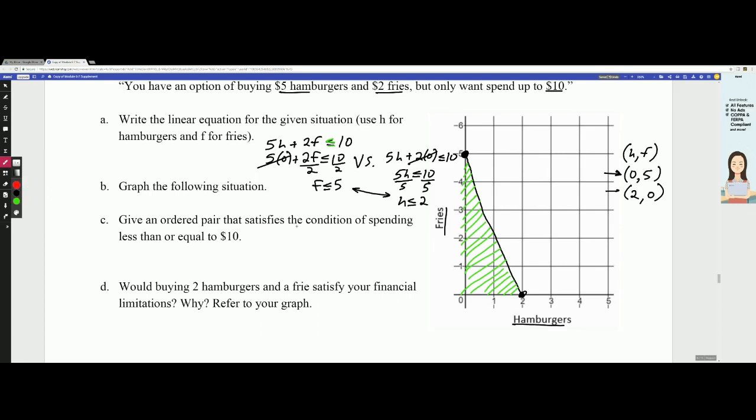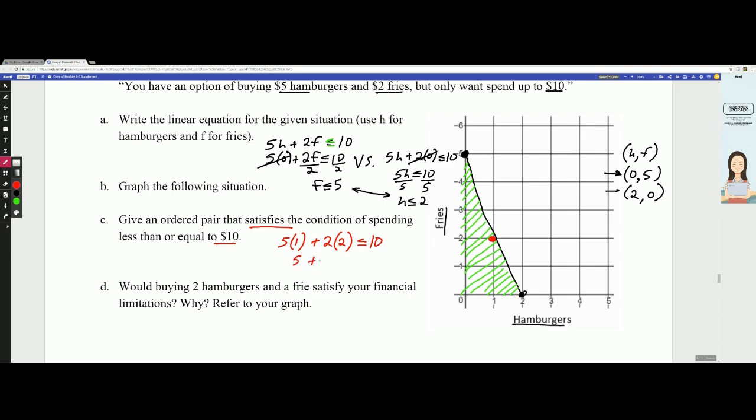Let's give an ordered pair that satisfies the condition of spending less than or equal to $10. This is coming close, but it looks like it'll work, right? One hamburger, two French fries. Already you're thinking, well, that's $5 for a hamburger, and you want two French fries, which are $2 per, and you want to spend less than or equal to $10.